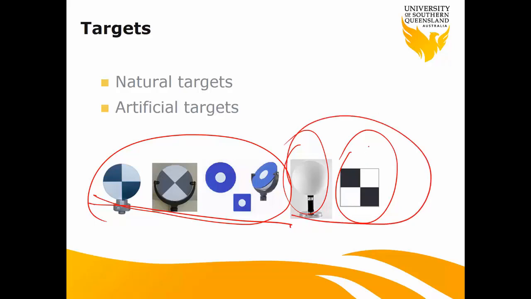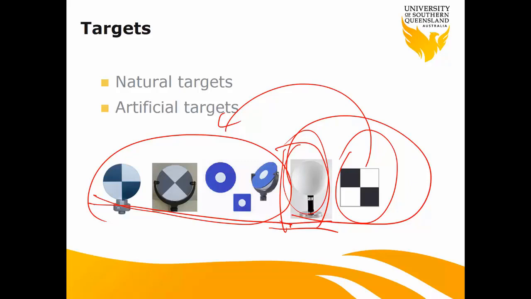These two, certainly the checkerboard can also be used by the Leica ScanStation 2, or by most laser scanners. And the sphere was first provided by Faro. Faro scanners use spheres.